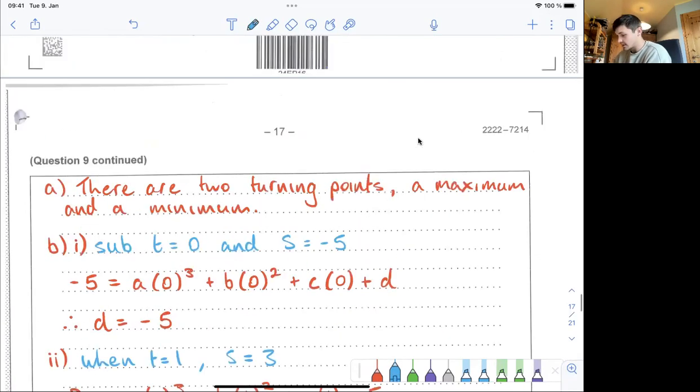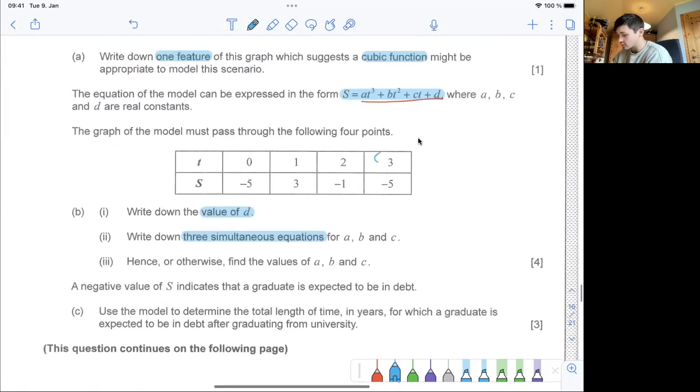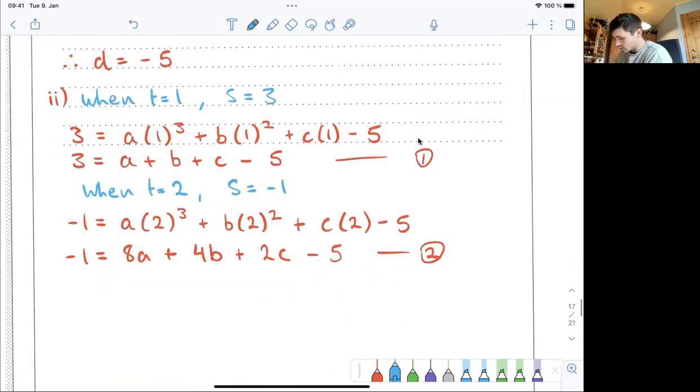This is going to be when t is equal to 3 and s is equal to -5. Let's bring that down. When t is equal to 3, s is equal to -5.